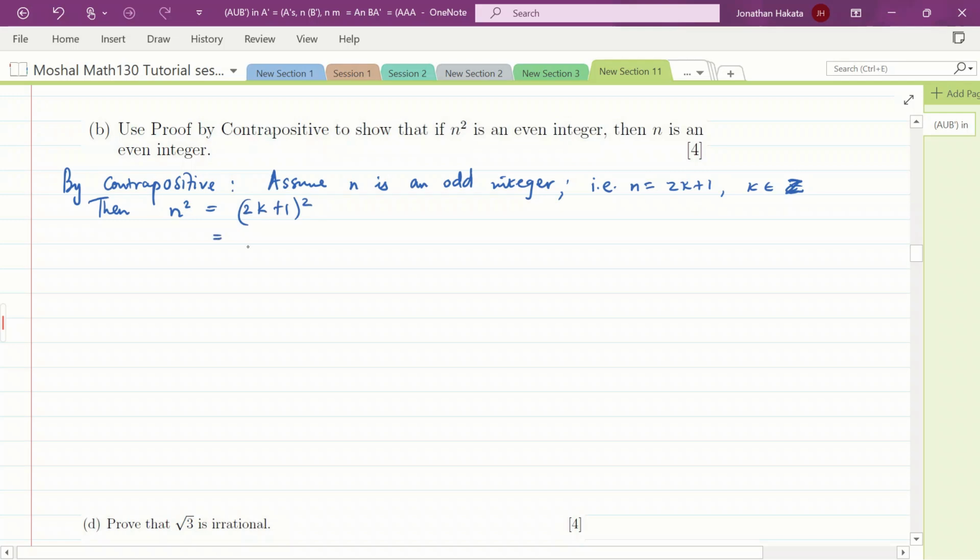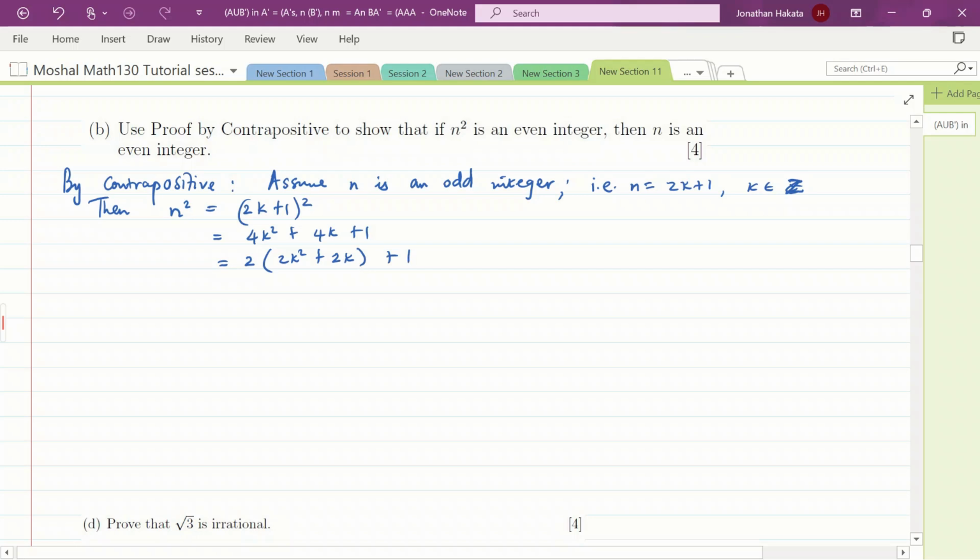If you expand this, you end up with 4k squared plus 4k plus 1, which can be written as, if I factor out a 2, 2 times 2k squared plus 2k, plus 1.